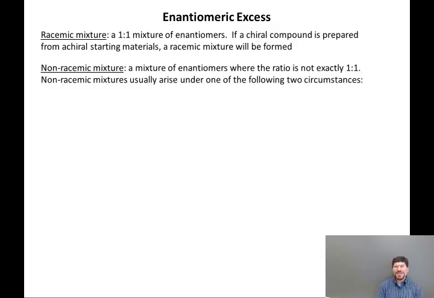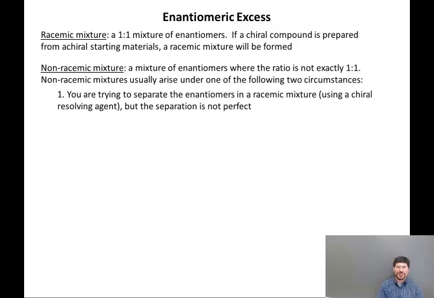Anytime you have a mixture where the ratio of enantiomers is not exactly one-to-one, we call that a non-racemic mixture. And non-racemic mixtures usually arise under one of the following two circumstances. The first one is if you're charged with the task of separating the enantiomers in a racemic mixture.